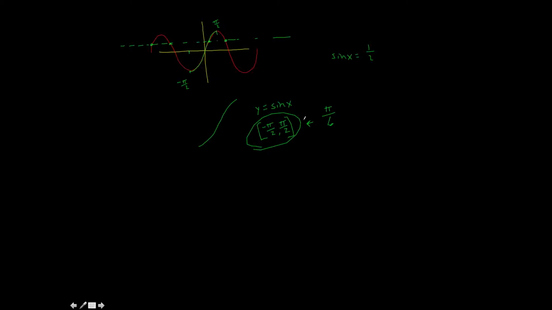Because if we find that sine is one-to-one, this is what we can say. The inverse sine function, when its domain is restricted from negative pi over 2 to pi over 2, we say that it's y equals the inverse sine of x.